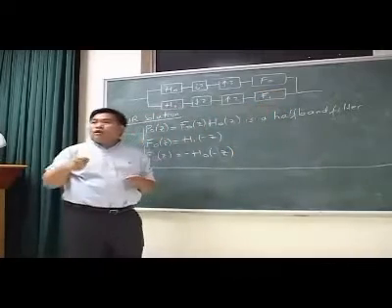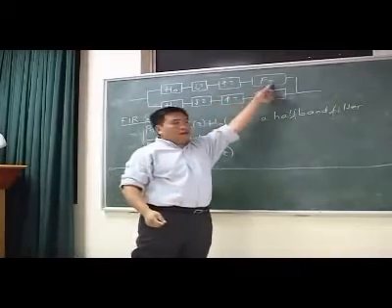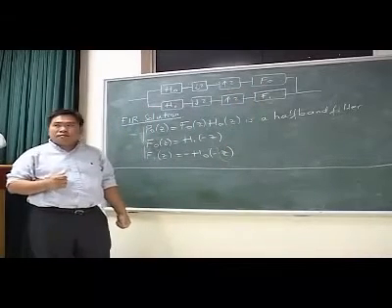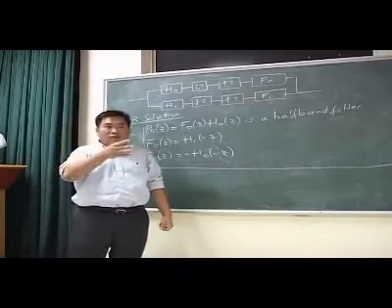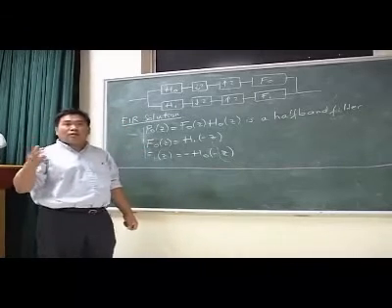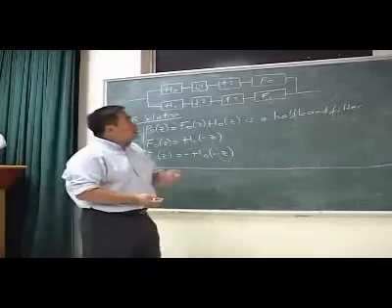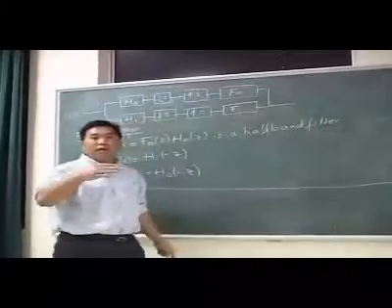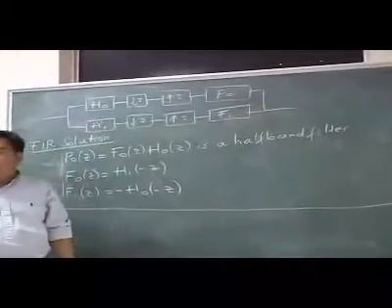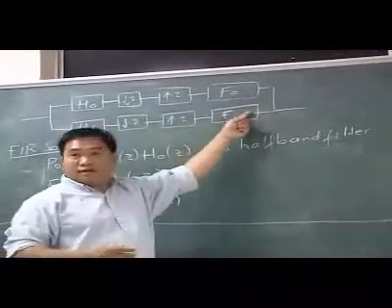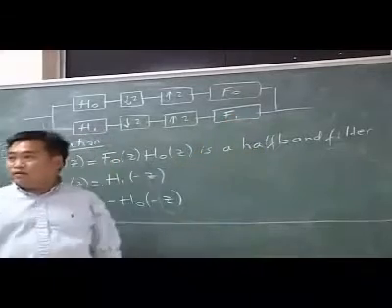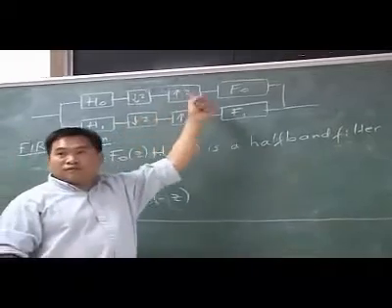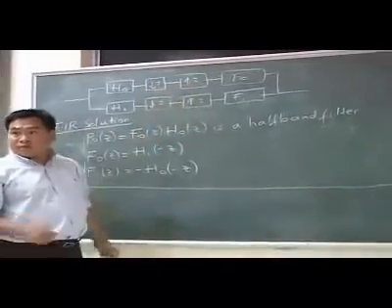Who remembers why we need a filter after upsampling? To fill in the zero values. That depends on what we use. If we use a low pass filter, then the resulting interpolated signal will be a smooth copy of what we have. If we use a high pass filter, then you have a highly varying signal, and so on. So for the 2-channel case, we have two choices of filters: a low pass or high pass filter.